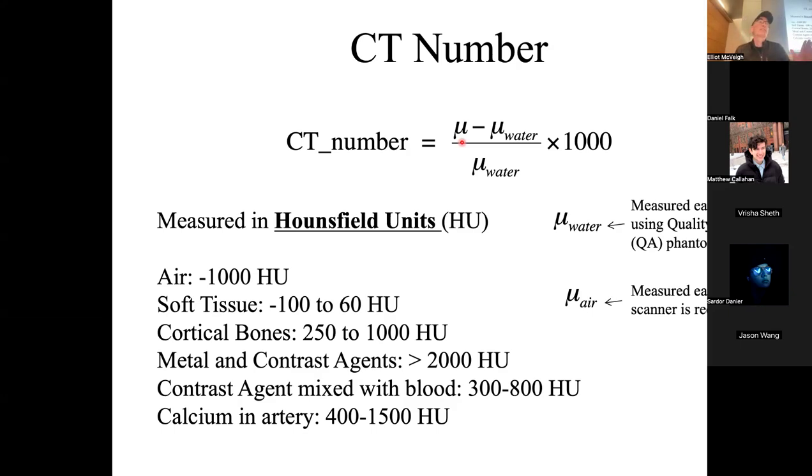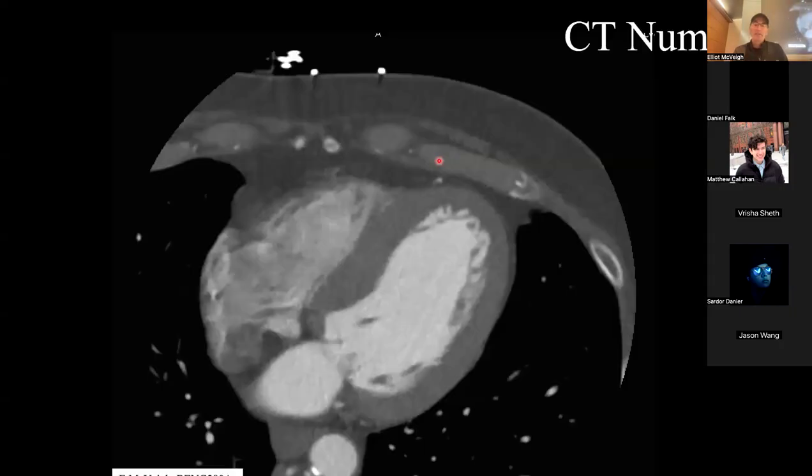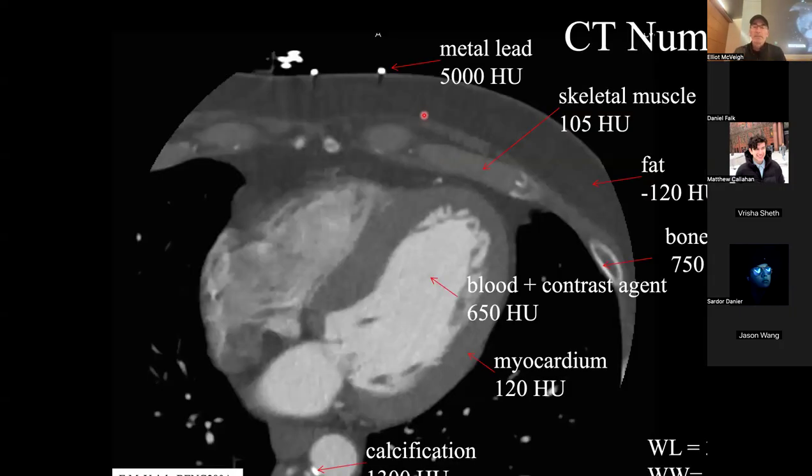And for something that attenuates a lot of X-rays, say this was a piece of metal or bone, then its mu value is much higher than water. So this will be a big number. So when I come here and look at what has a big number, well, the blood in here, and now the mu values are different enough that it's easy to see that this substance, this blood, is not the same as this.